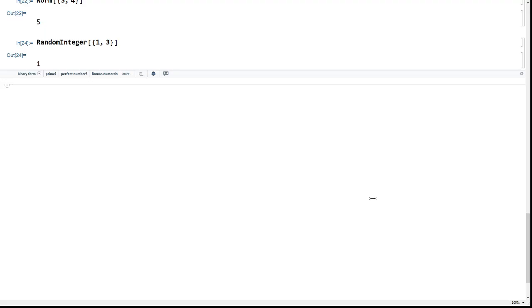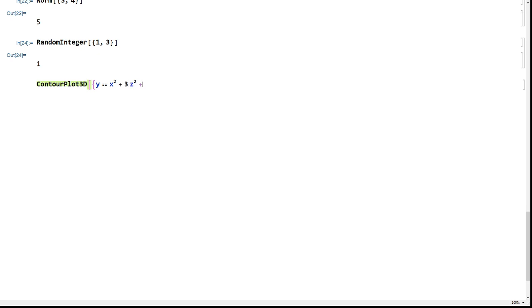All right. So let's see what we're dealing with here. Let's go ahead and do a contour plot. Contour plots are great because we can just type the equation. So here, y equals x squared plus 3z squared plus 1, and y equals 5 minus 3x squared minus z squared.